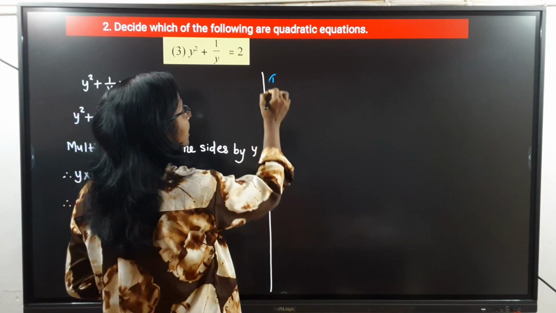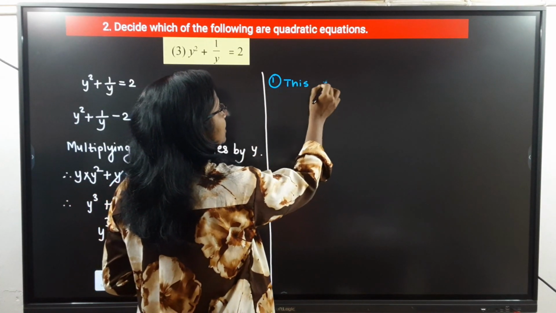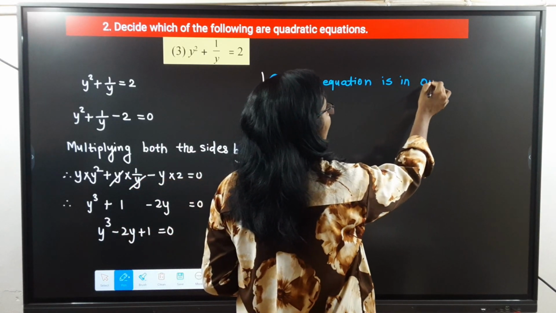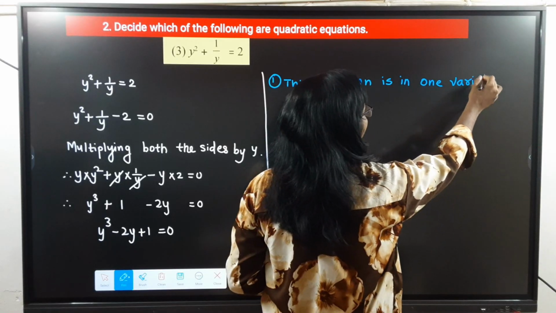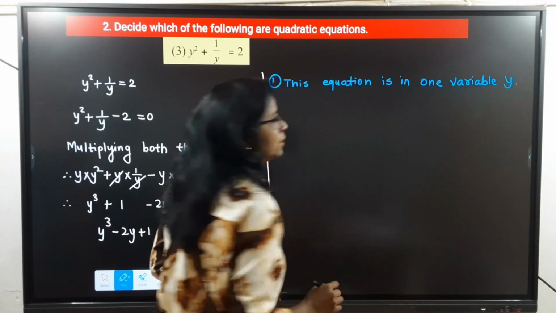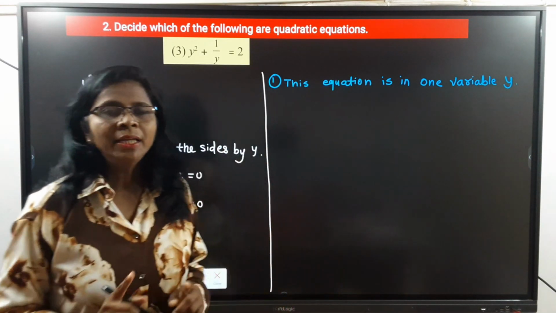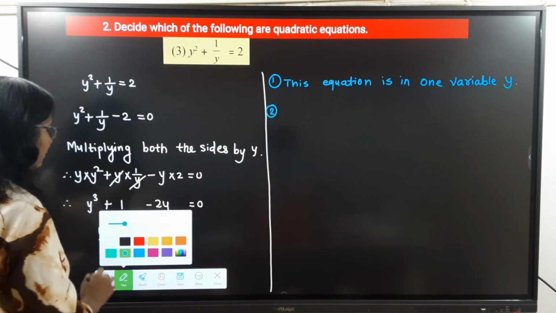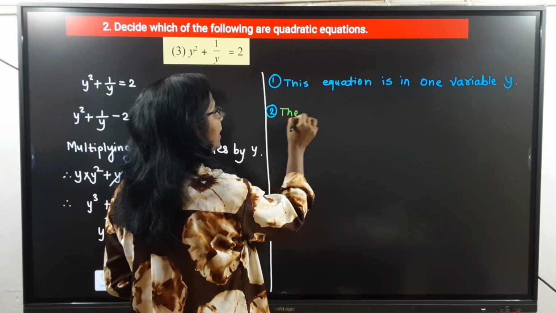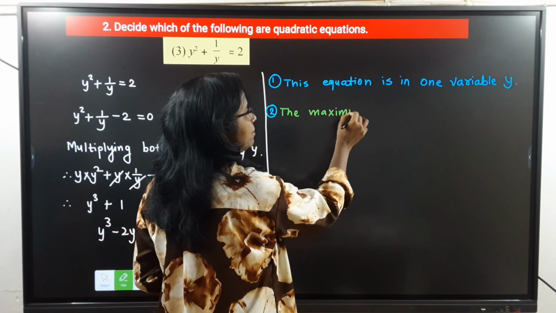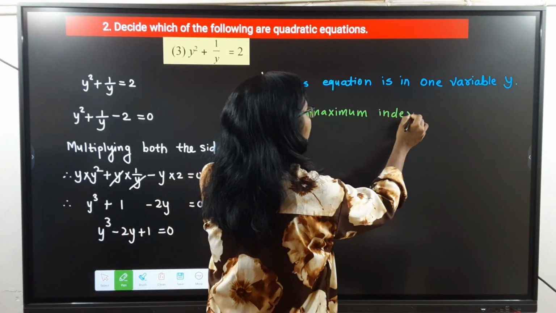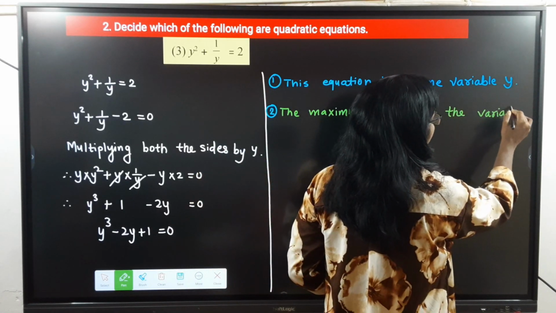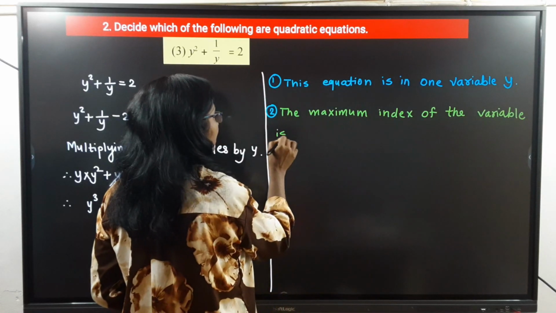So now we consider this equation and write down our conditions. First condition is that this equation is in one variable, y. Okay, this first condition is fulfilled by this equation. Second one is that the maximum index of the variable is 3.